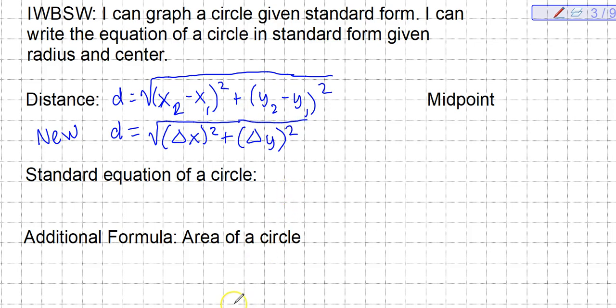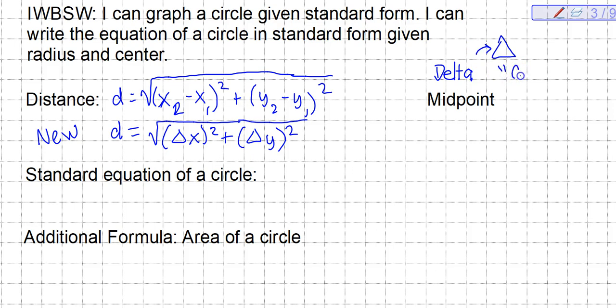And we're going to talk about what delta means for those of you that have never seen a delta before. This is the capital Greek letter delta. That's the symbol for delta.